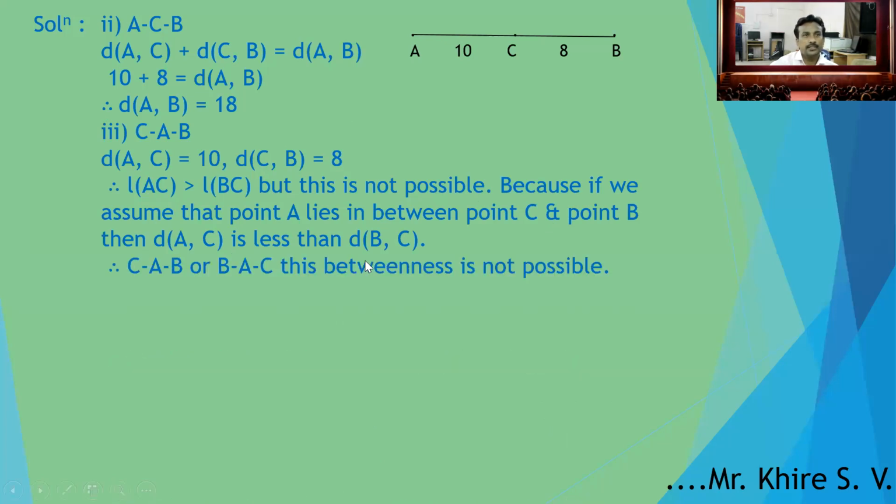Therefore C-A-B or B-A-C, means point A lies in between point B and point C, this betweenness is not possible here. Therefore distance AB is equal to 2 or 18, means first and second possibilities are correct.